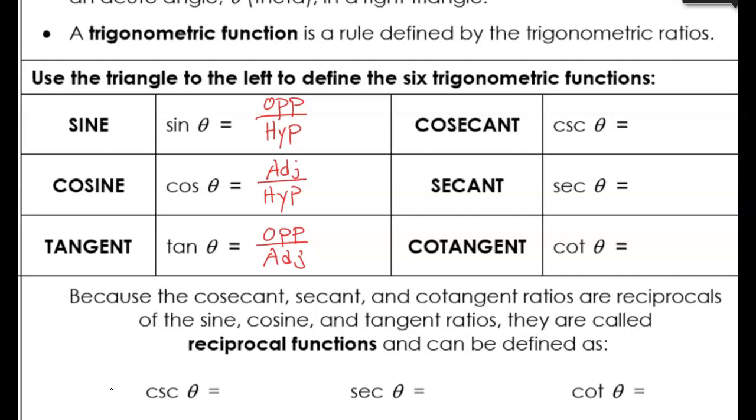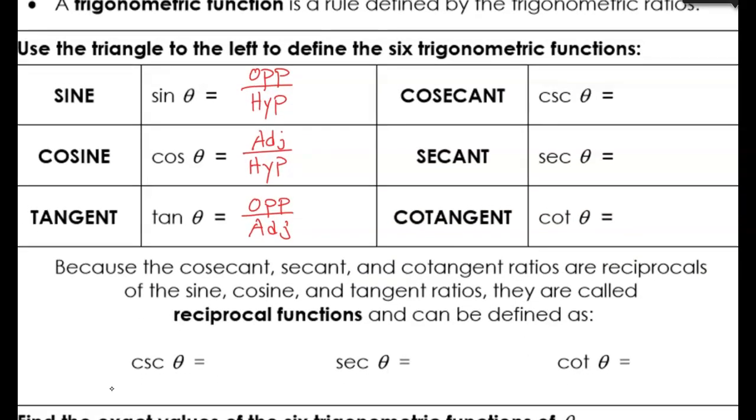It's not anything brand new, because these 3 trig ratios are technically termed the reciprocal functions, meaning these 3 trig functions are formed by taking the reciprocals of the originals. So technically, cosecant is the reciprocal of sine, secant is the reciprocal of cosine, and cotangent is the reciprocal of tangent.